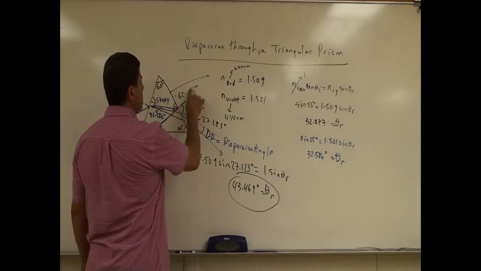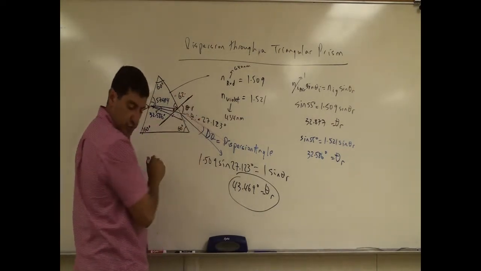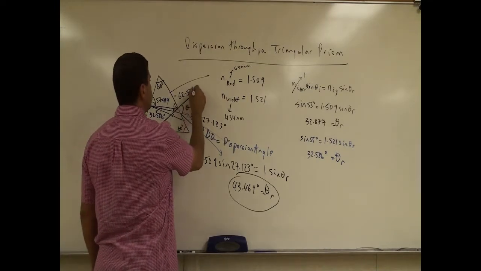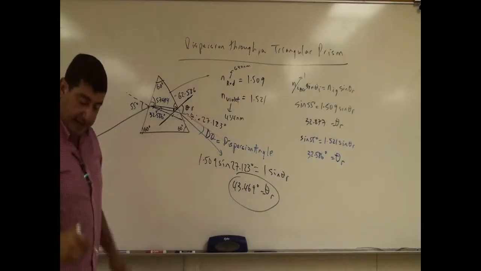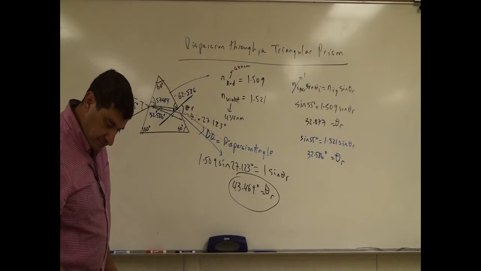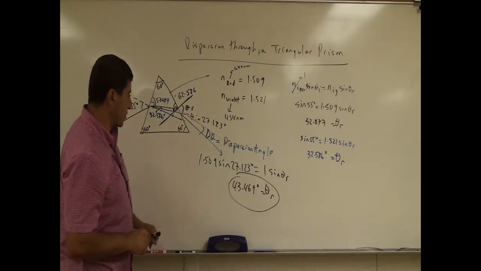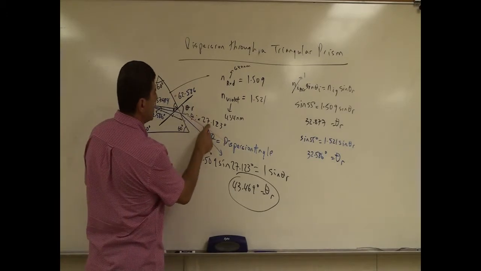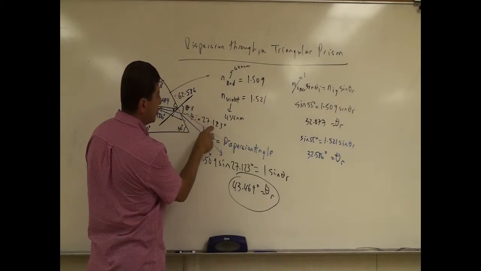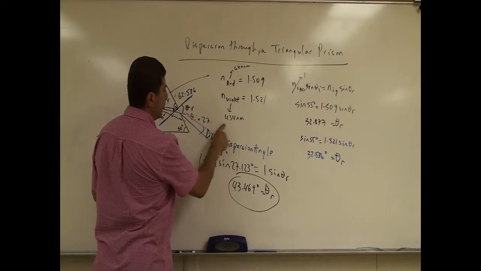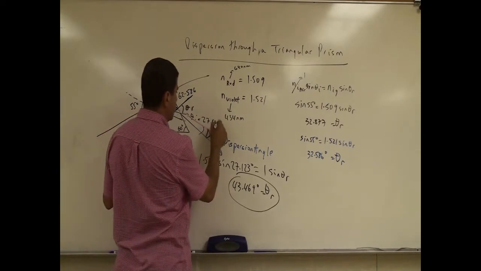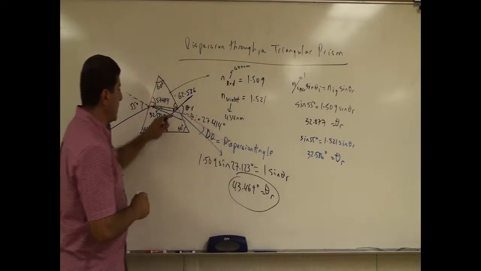So this one is slightly less. Then subtract that from 90. You get 27.414. Okay? So this angle, instead of 27.123, is 27.414 for the violet, right?